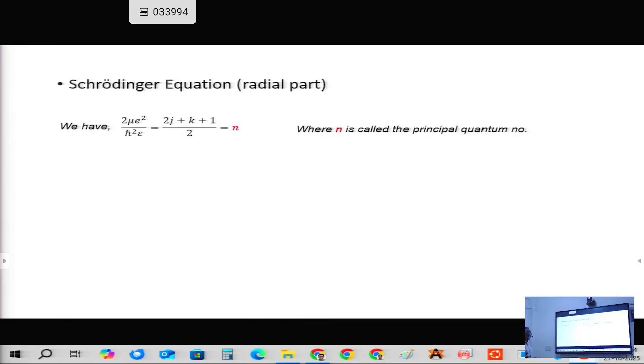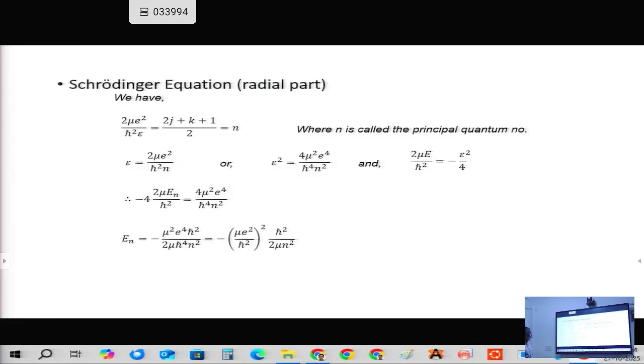Now, if you go back, we have all the substitutions: epsilon is this particular thing, epsilon square is this, and this is another substitution we did, 2 mu e by h cross square is minus epsilon square by 4, right? And so epsilon square is 2 mu e by h cross square, which is equal to 4 mu square e raised to 4 by h raised to 4 n square.